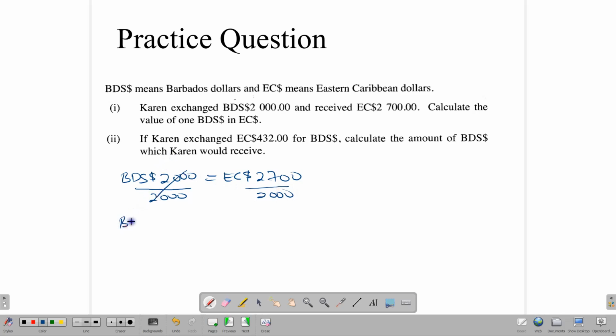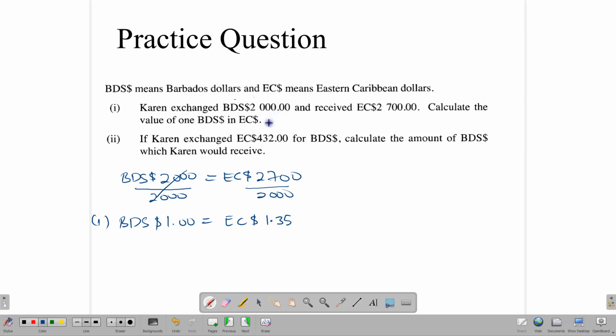So Barbados BDS $1 is going to be equal to $2,700 EC divided by 2,000. And once we type that in your calculator, you're going to get $1.35. So the rate, part one: whoever used the Cambio or the bank, she would have received $1.35 EC for each of the Barbadian dollars that she exchanged.